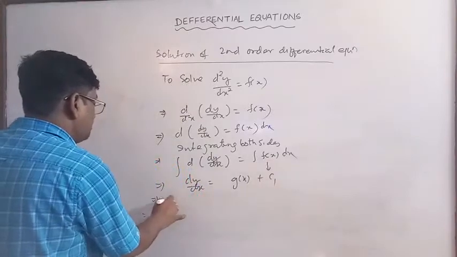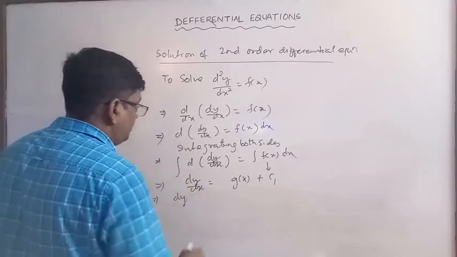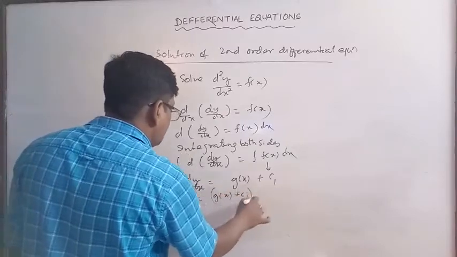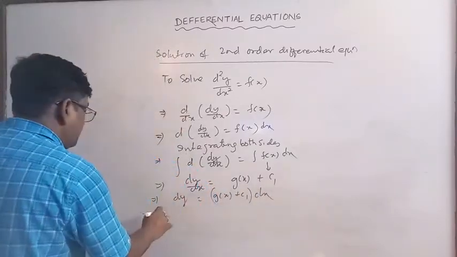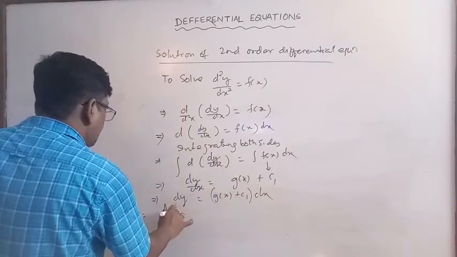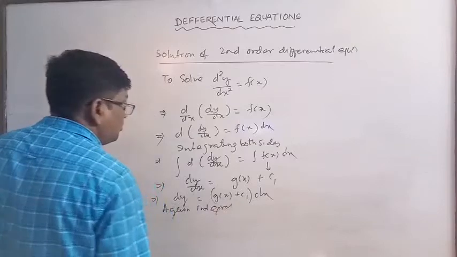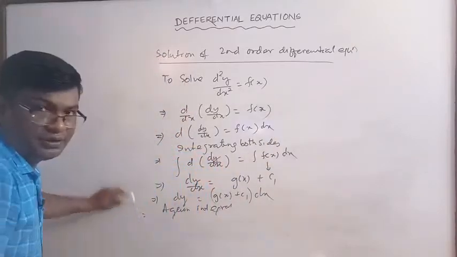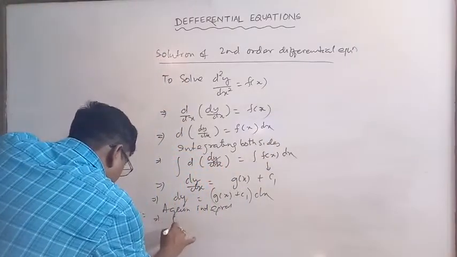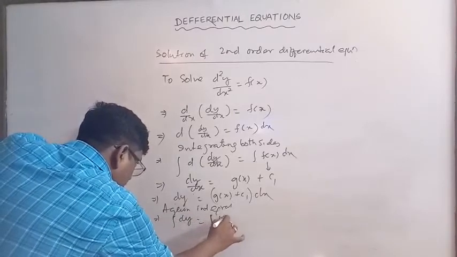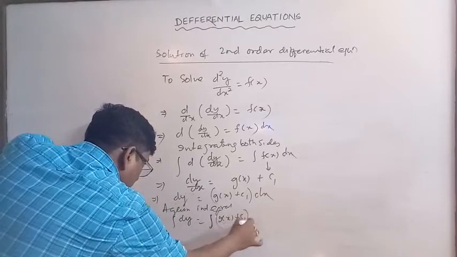Again use variable separation method. dy is equal to g of x plus c1 into dx. Again integrate. So integration of dy is equal to integration of g of x plus c1 into dx.